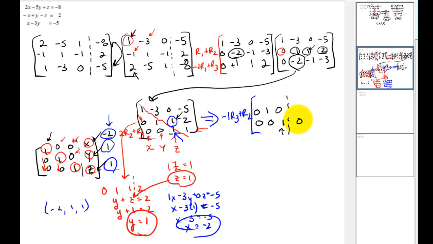I messed up here, huh? This is a 1. That's a 1 right there. So I'm going to take -1 times 1 right here. Add it to this 2. I get 1. So I take -1 times 1, add it to this 2 over here on the left, and you get 1, which is what you want, right?